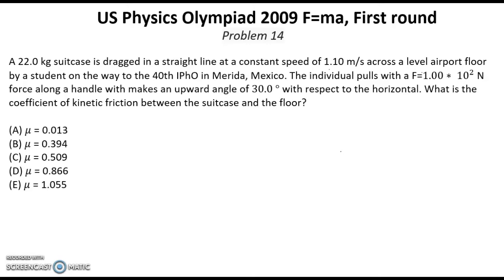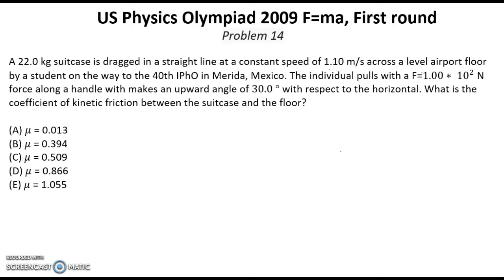The individual pulls with a force F equal 100 newtons along a handle which makes an upward angle of 30 degrees with respect to the horizontal. What is the coefficient of kinetic friction between the suitcase and the floor?